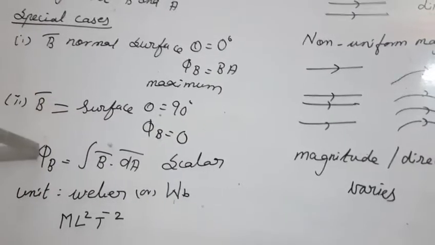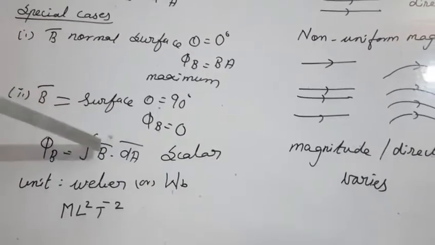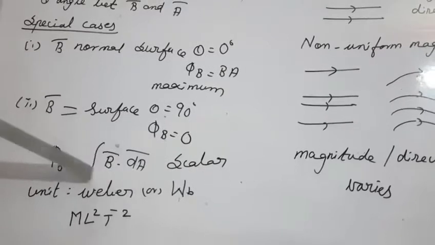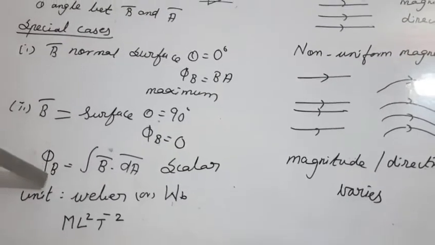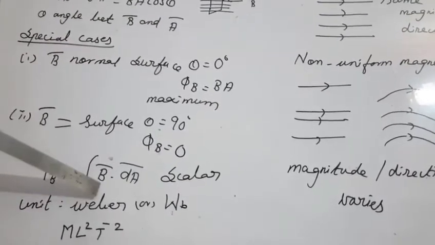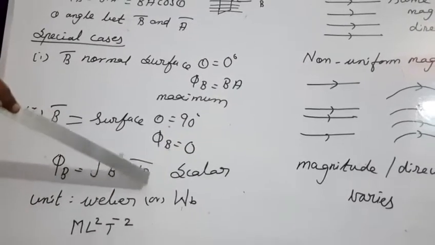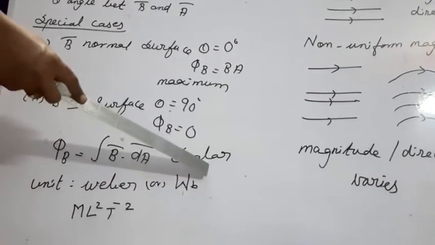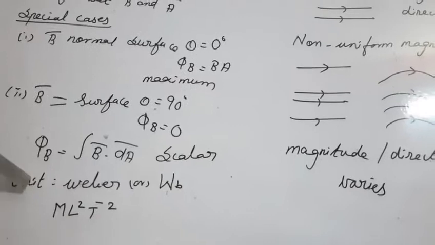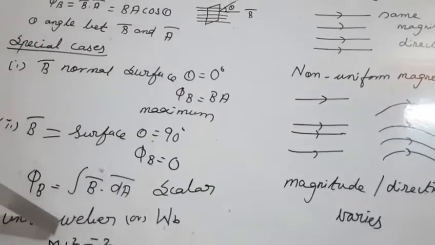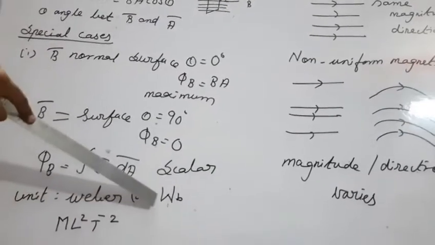Suppose the magnetic field is not uniform over the surface, the equation is written as phi b equal to integral of B bar dot dA. The magnetic flux is a scalar quantity, and the unit of magnetic flux is Weber, which is denoted by Wb.